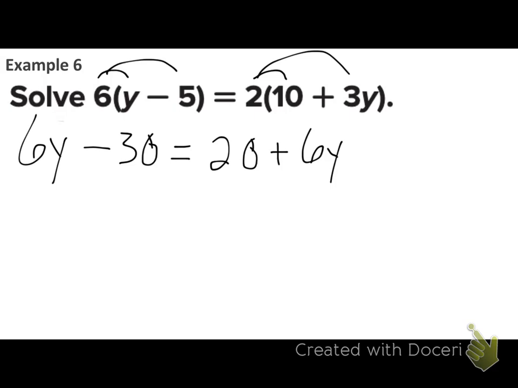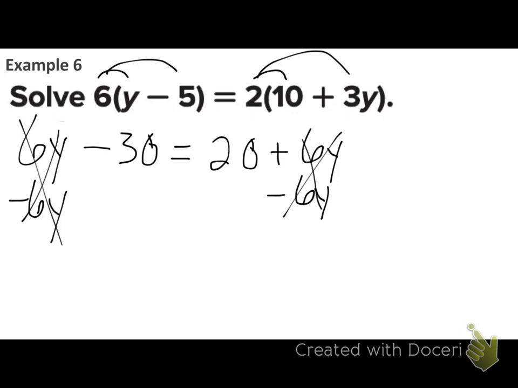So now what can I start doing? Getting my variables to the same side. How do I do that in this case? Subtract 6y. Let's try to move them to the left over here. 0. What happens here? What do you guys notice? 0y, which is just 0, right? Y would be 1.